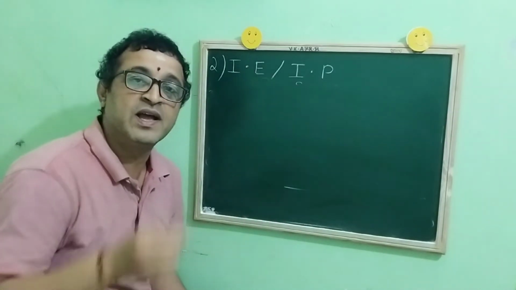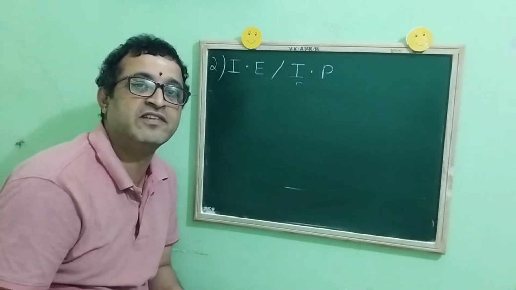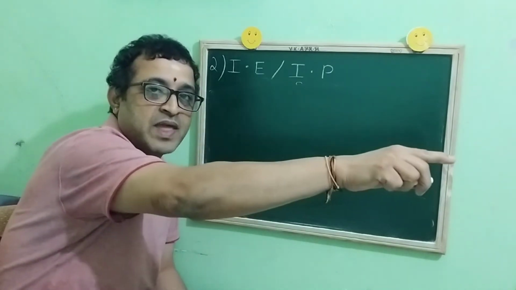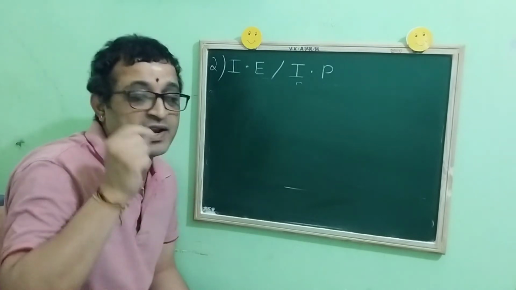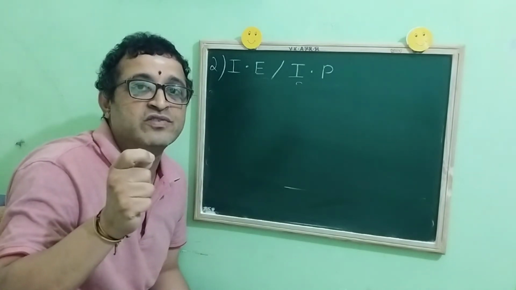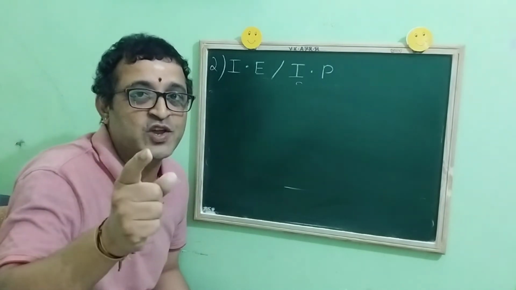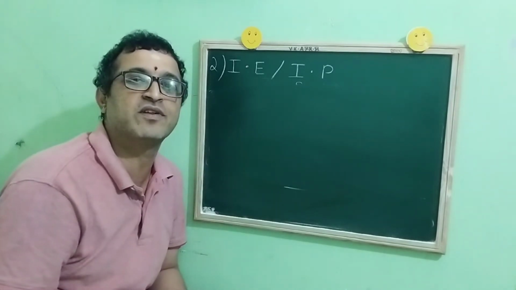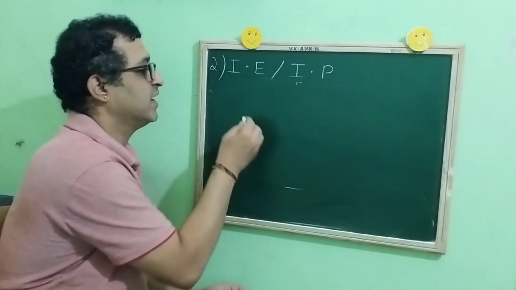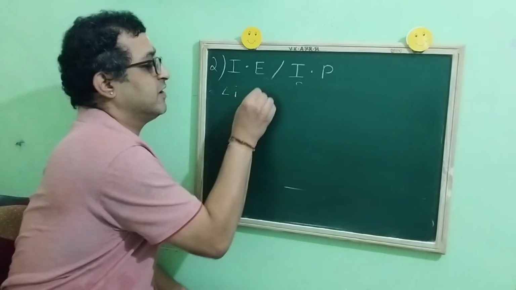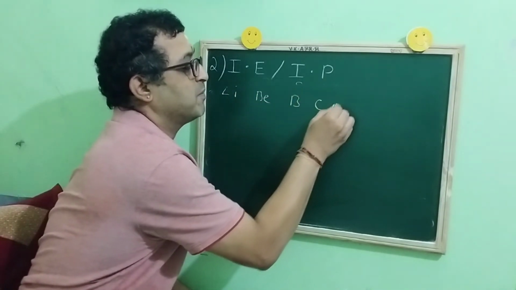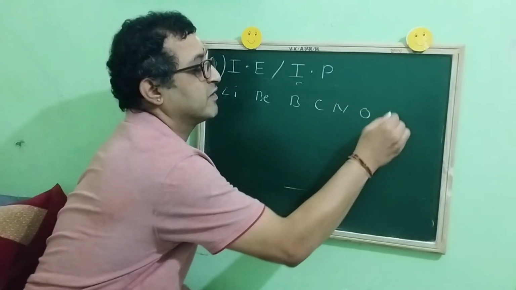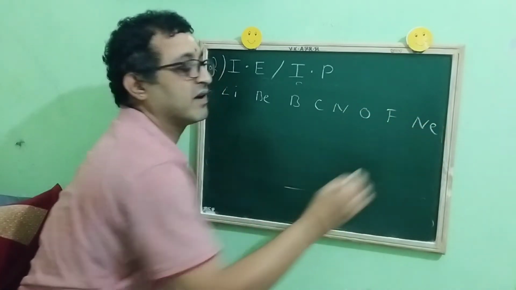Now we will see what happens to the ionization energy when we go across the period. Children, before I write the values, I am telling you again, these values I am writing are just to make you understand. This is not important for the board exam. Now lithium, beryllium, boron, carbon, nitrogen, oxygen, fluorine, and what children?